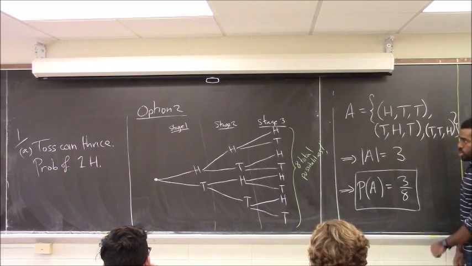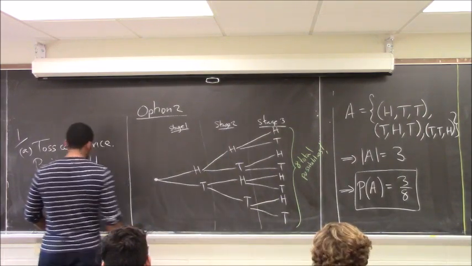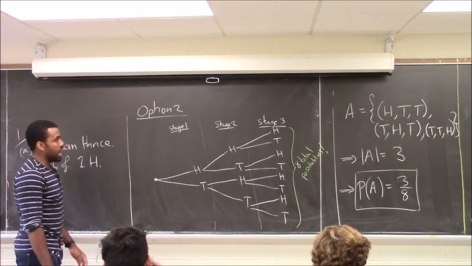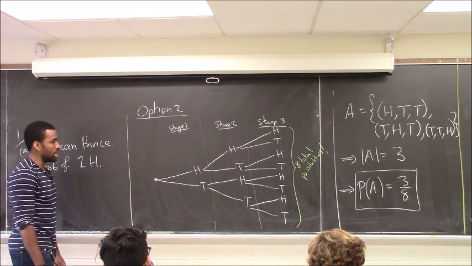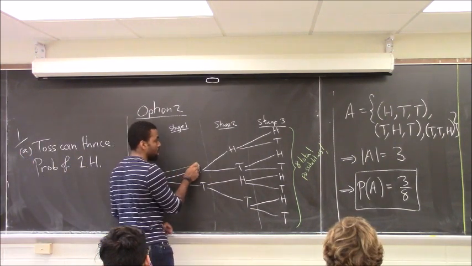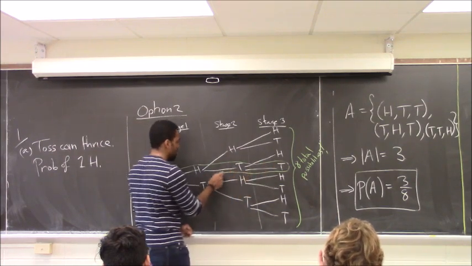And now all you do is you count all the possibilities that can give you what you want. So, for example, to get one H, I just need to go along an arm where there will only be one H along that arm. So let's say I can flip and I can get the H right away, but once I get the H, I can't get it again, so I'll have to go along that arm.